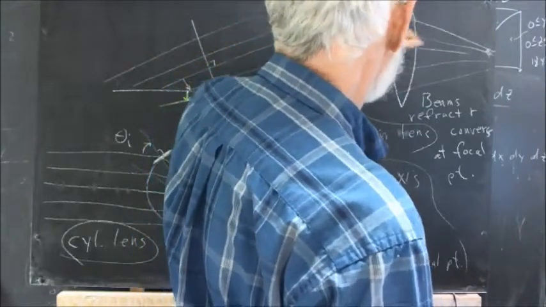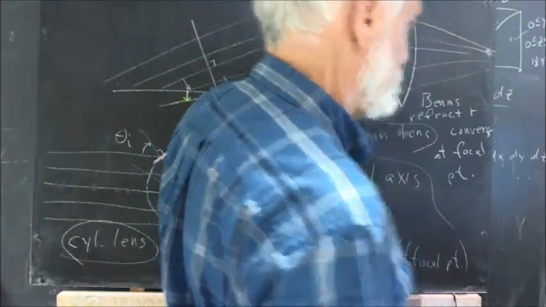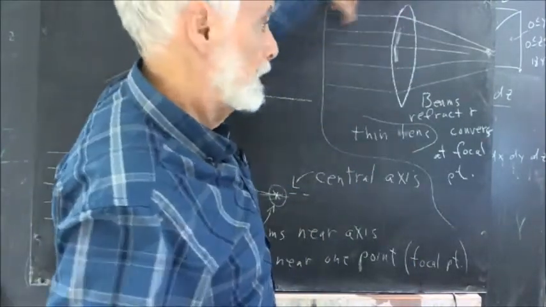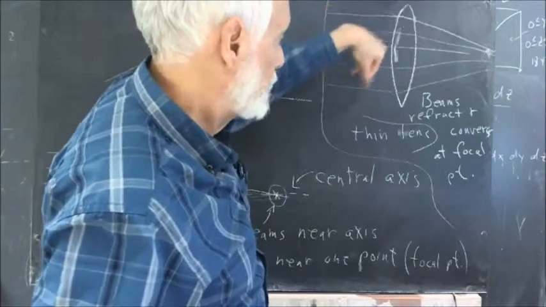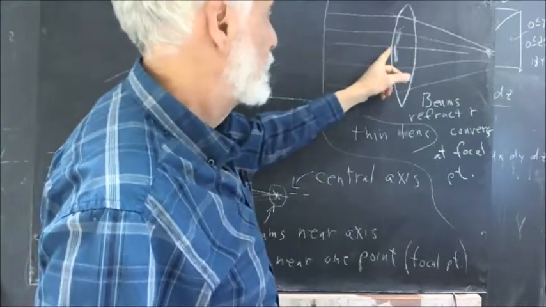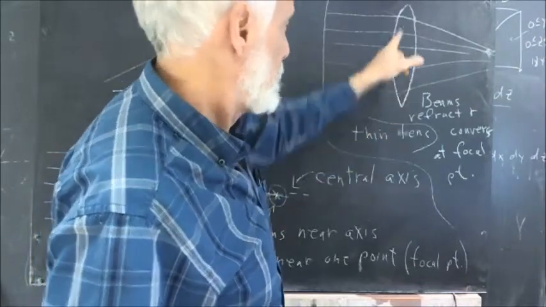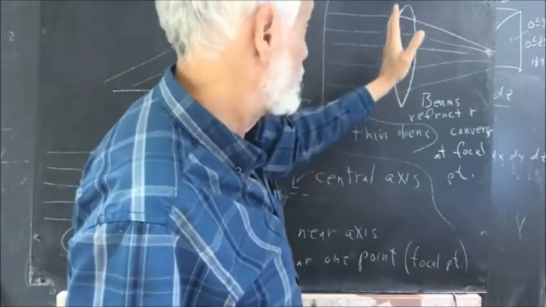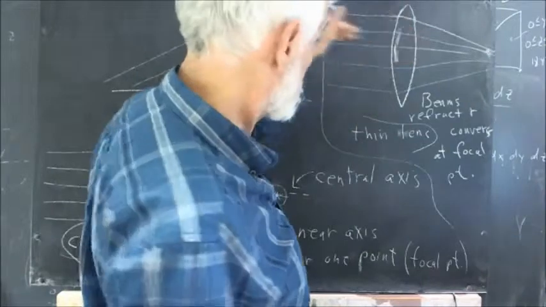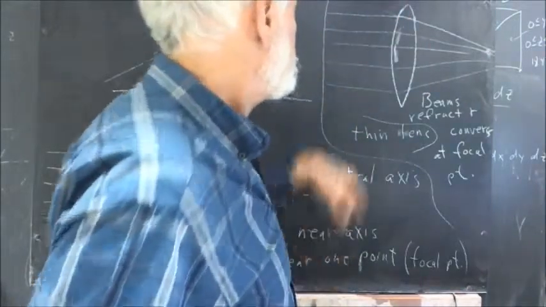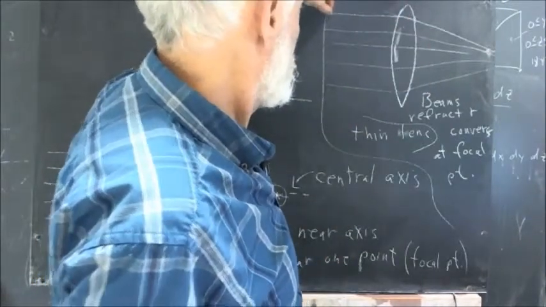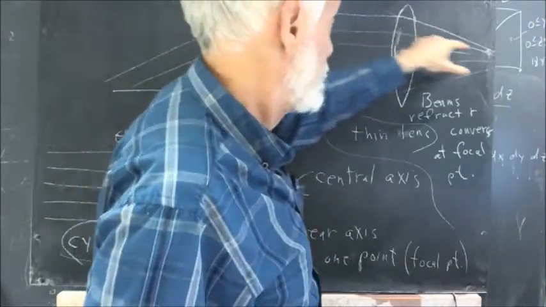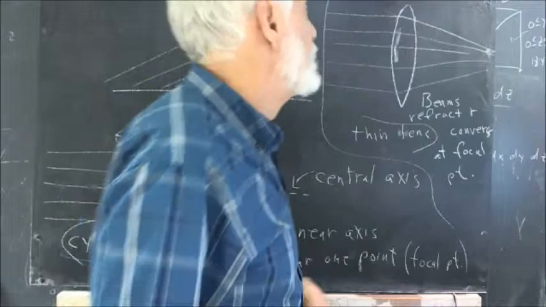There's a ray that hits at the center, where the tangent plane is perpendicular to the incoming ray. Now, the ray up here is going to be refracted more. The ray near the center is going to be refracted less.